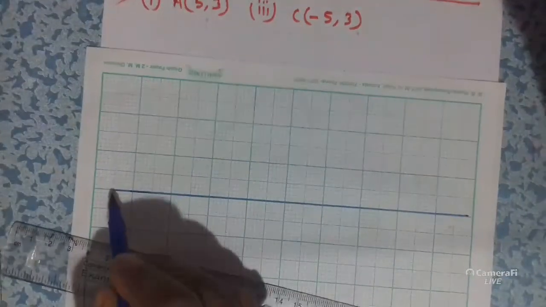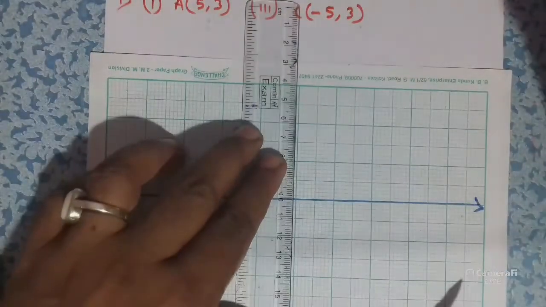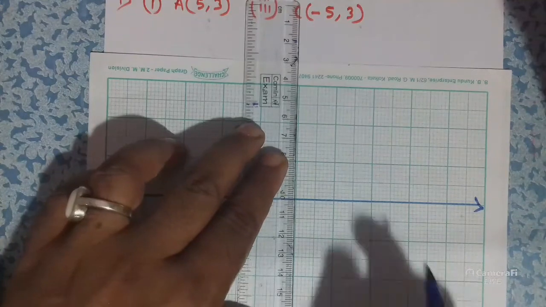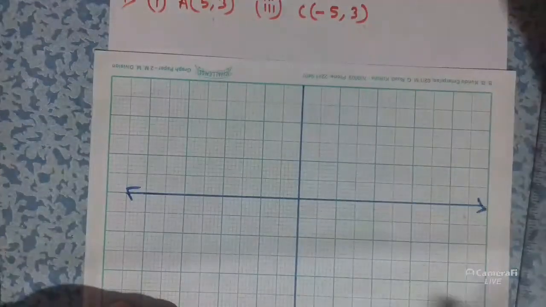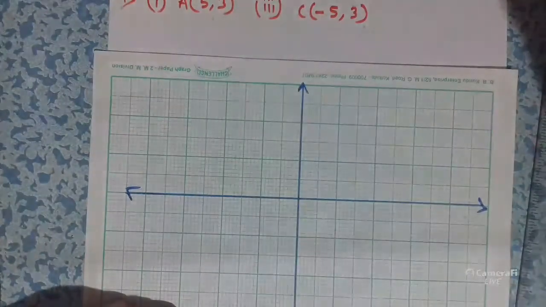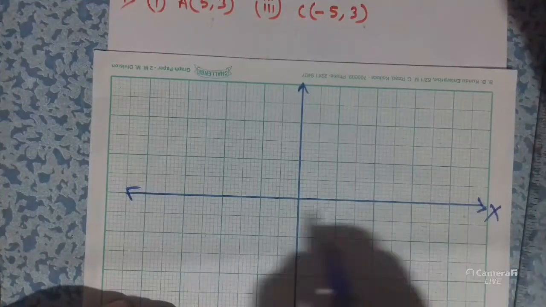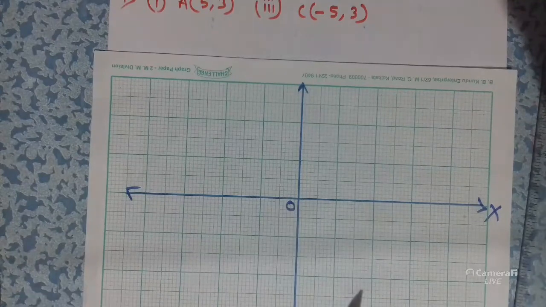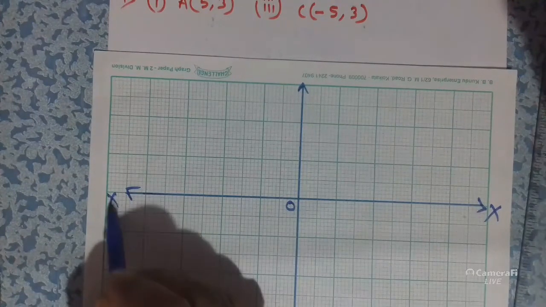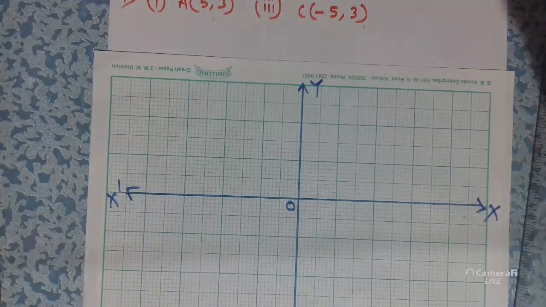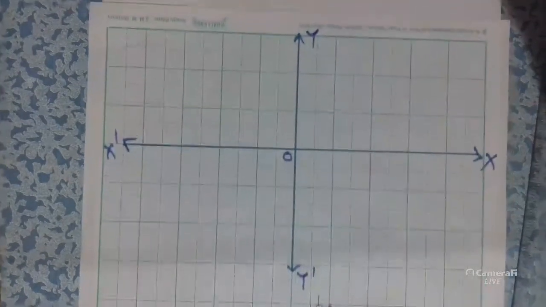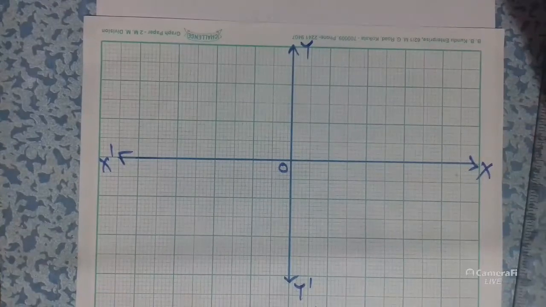Here it is X, this is the origin, that means (0, 0), this is X', this is Y, and this one is Y'. Okay.